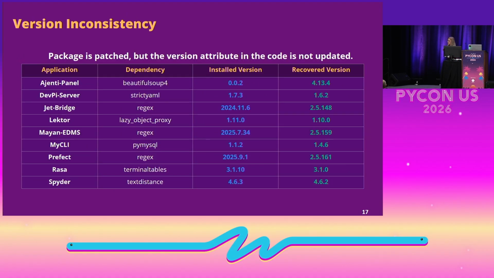And the most interesting thing: out of the 51 applications in our evaluation set, we found 5 applications where the installed version is completely different from the version we found in memory. How does that happen? When a developer updates their version, they maybe forgot to update or change the version string in their code.